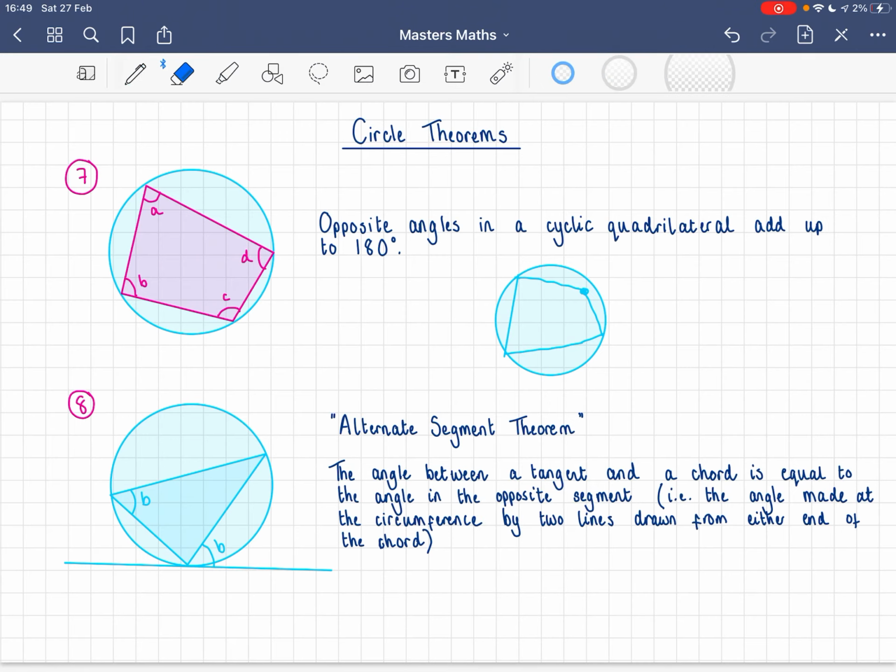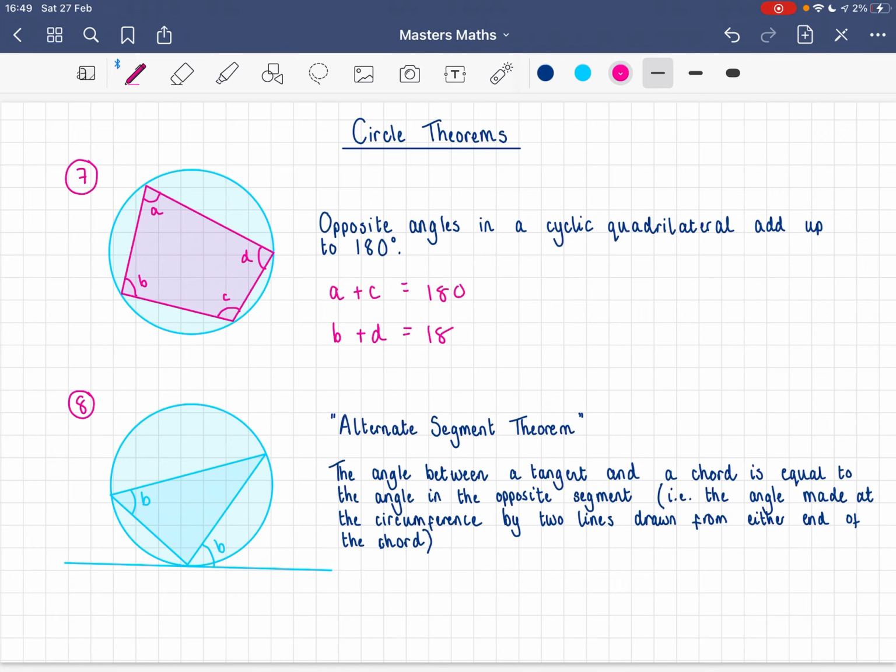So for the diagram that I've drawn, A and C are opposite to each other, so they would add up to 180. And angles B and D are opposite to each other, so they would also add up to 180.